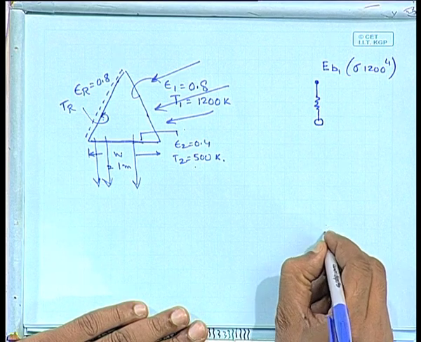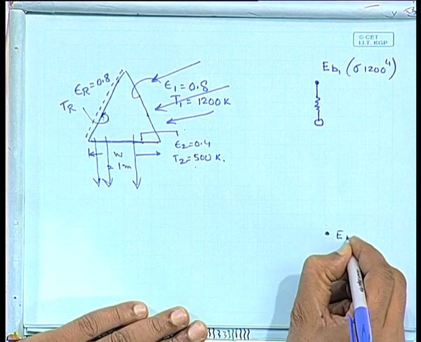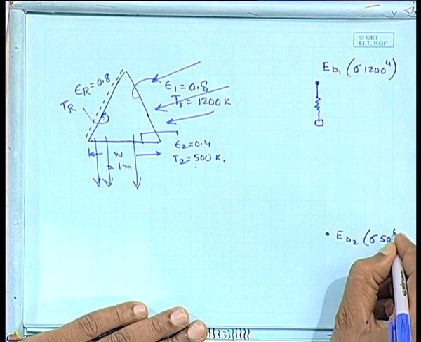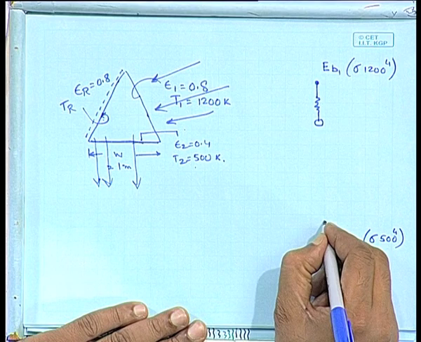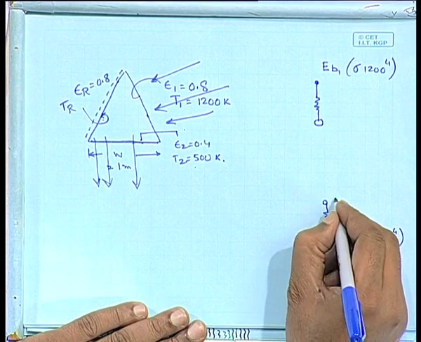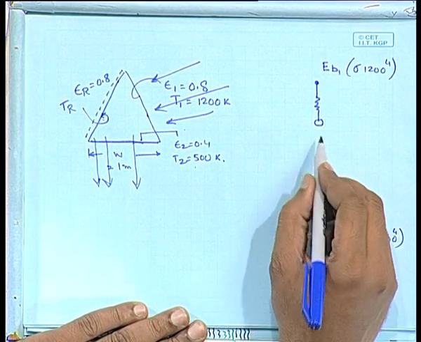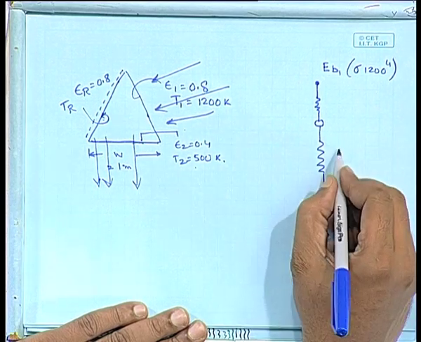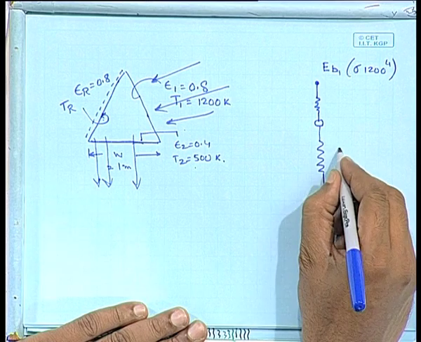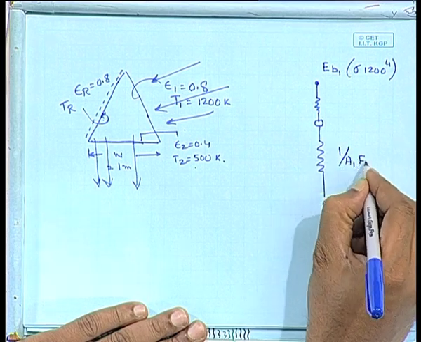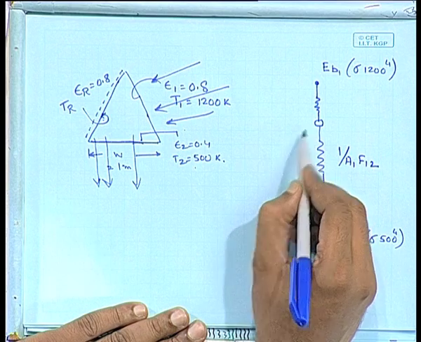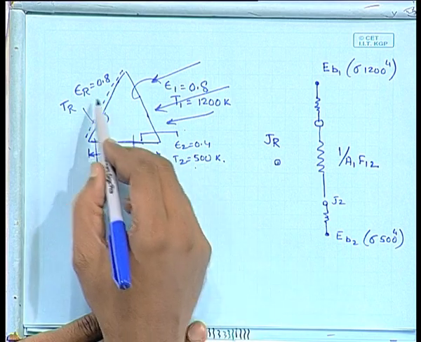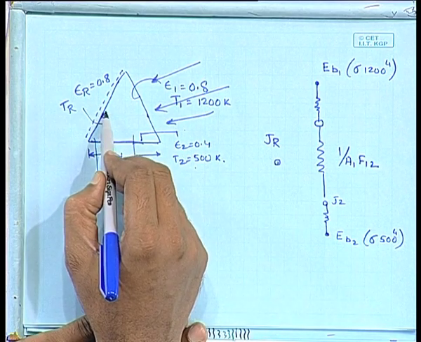I have surface 2, which is EB2, the value of which is sigma times 500 to the power 4, and this is in connection with J2. Then I have some resistance between J1 and J2. What is the resistance between J1 and J2? 1 by A1 F12. I have something called JR. All right, JR is for this surface.